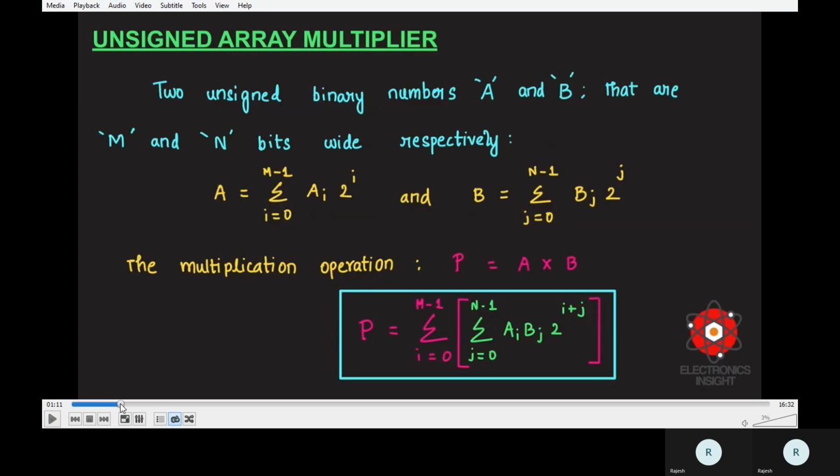Then the comparator, where both inputs are compared, and if they are equal, it is an equality comparator. If one of them is greater than and another is less than, it is your magnitude comparator. The magnitude comparator had three outputs: A greater than B, A less than B, A equal to B.